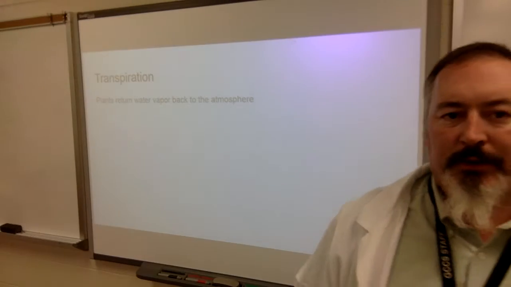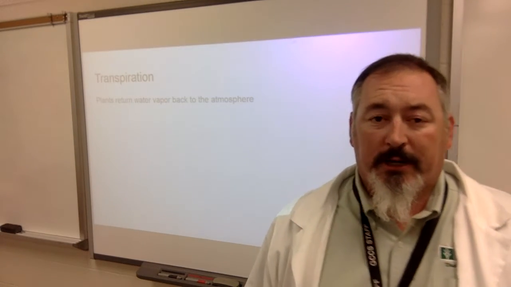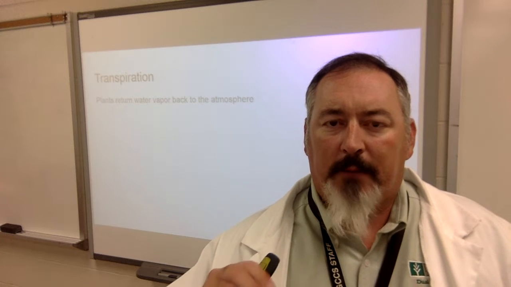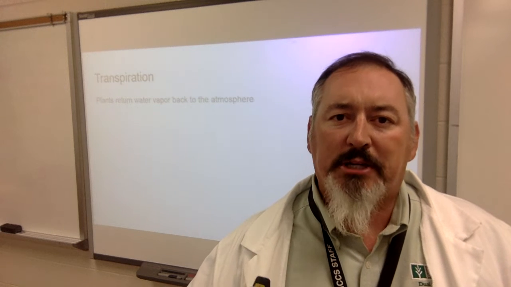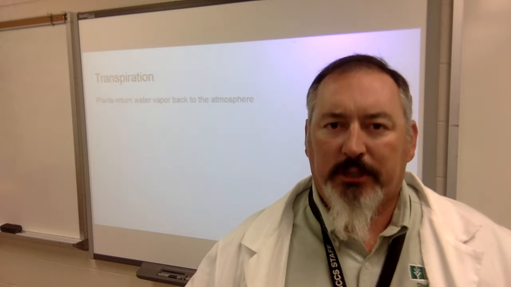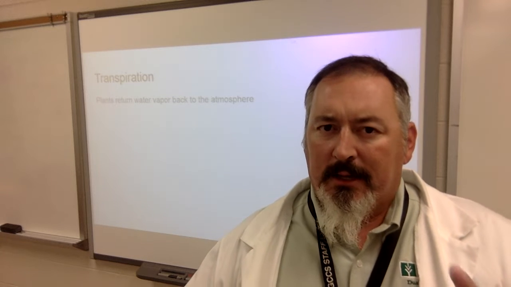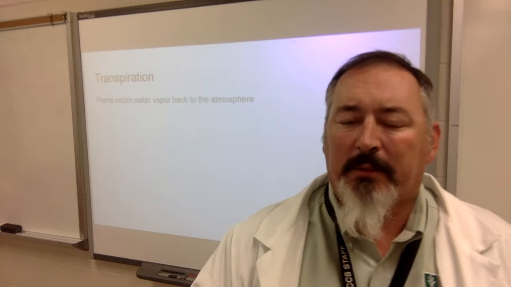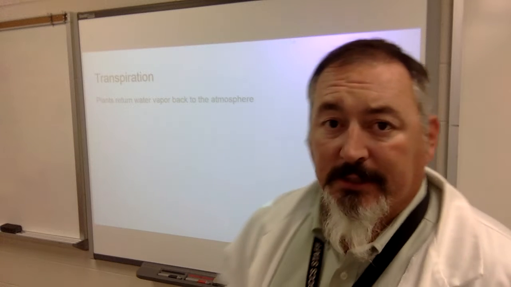So the first thing I want to identify is transpiration. Transpiration is when water is going to actually leave a plant, and it's going to look kind of like evaporation. Sometimes it's even called evapotranspiration. But the thing about transpiration is it's going to require a living thing that's going to release it, and specifically plant life that we're going to see here.